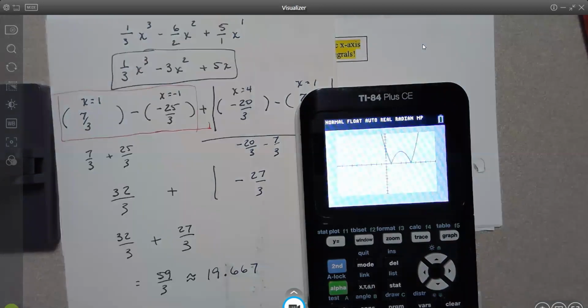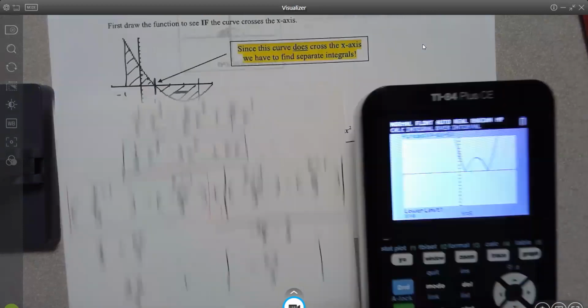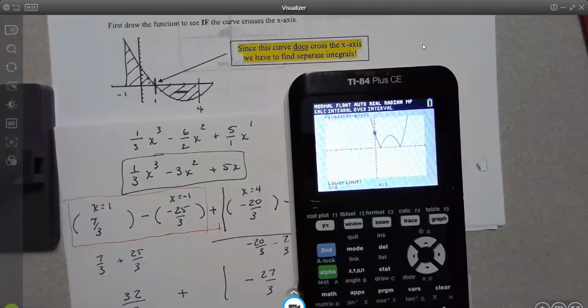trace for the calc menu, number 7, and my lower limit on the original problem was -1. Upper limit 4.